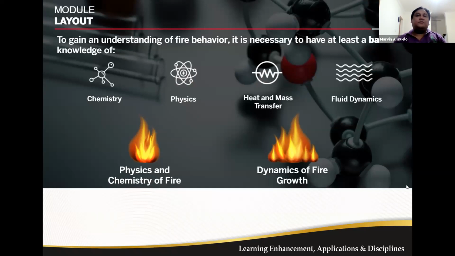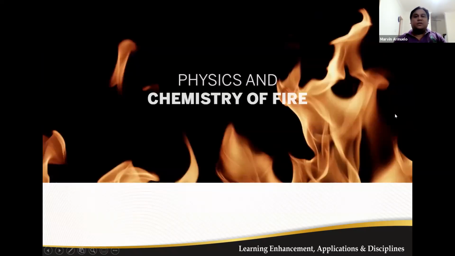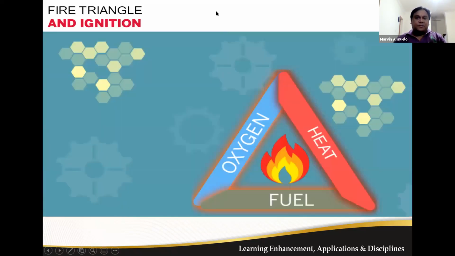So let us discuss first the physics and the chemistry of fire. The fire triangle illustrates the three components that fire needs: fuel, which is something combustible; oxygen, which we also call an oxidizing agent; and heat.